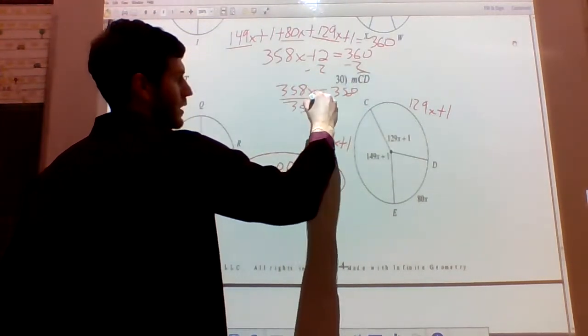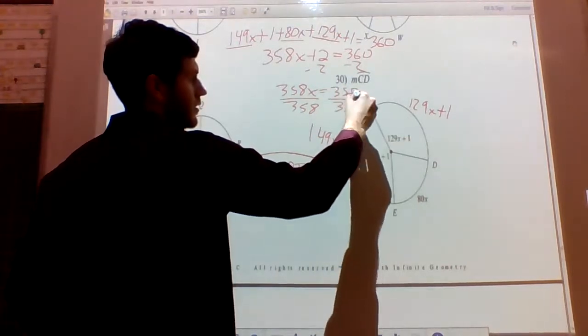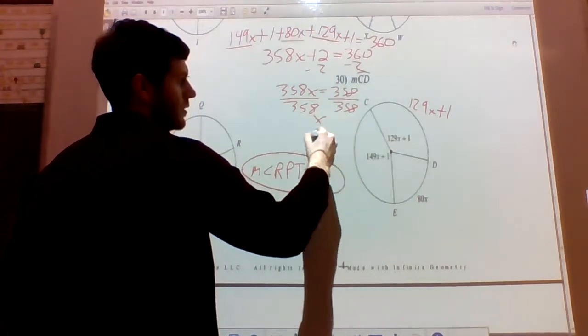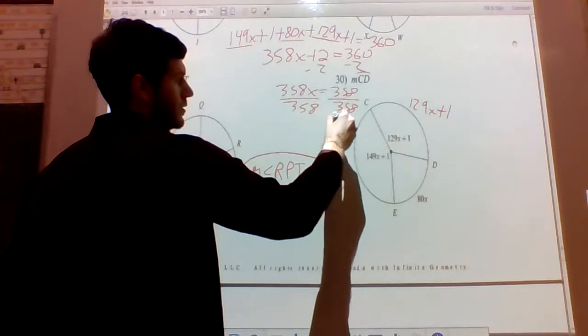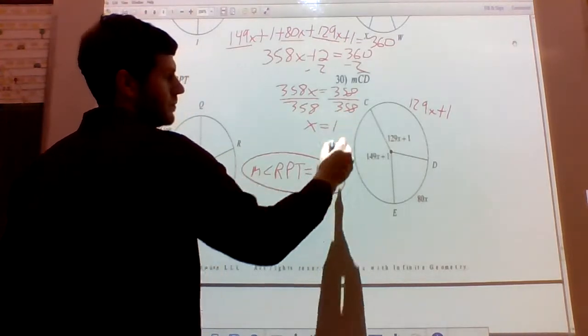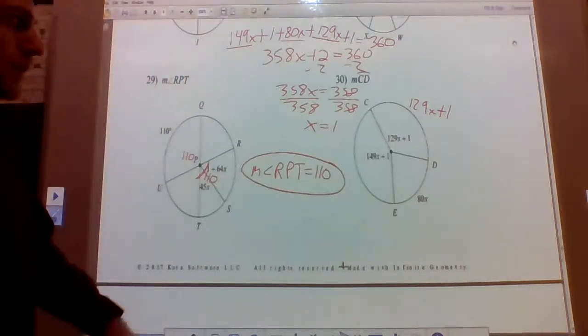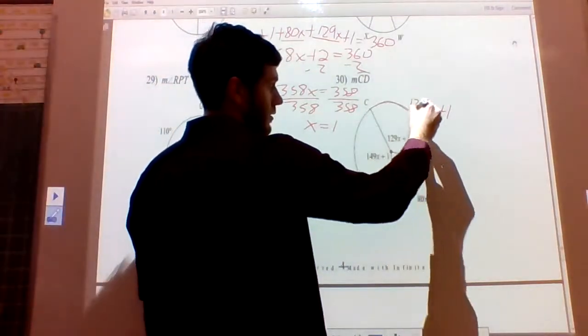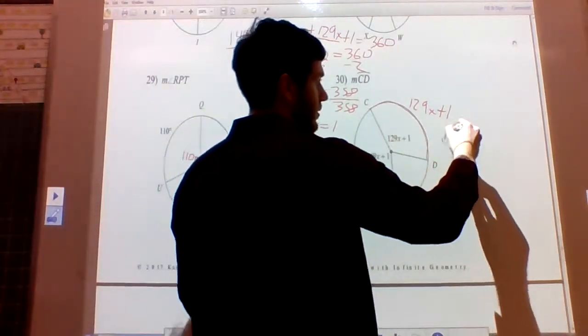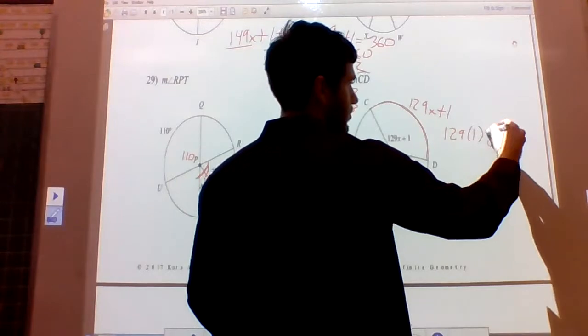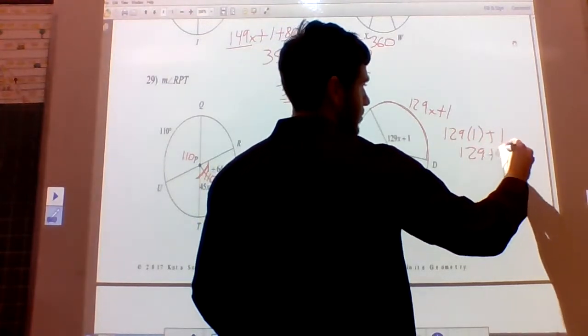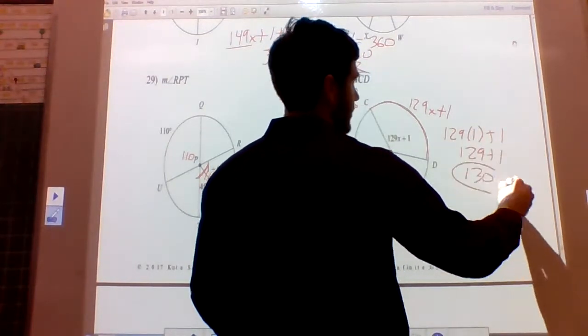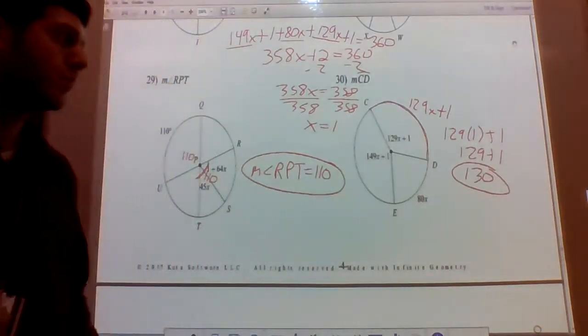Divide by 358, and we get x equals 1. Okay, so we need to plug in. We need to find the measure of CD. So 129 times 1 plus 1 is 129 plus 1, which is 130. So the measure of arc CD is 130.